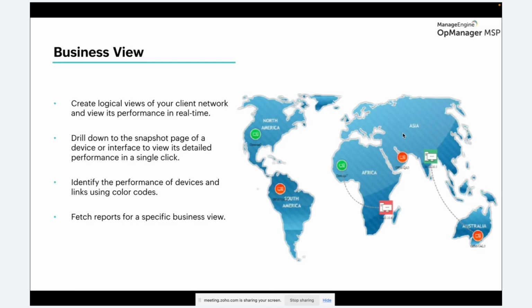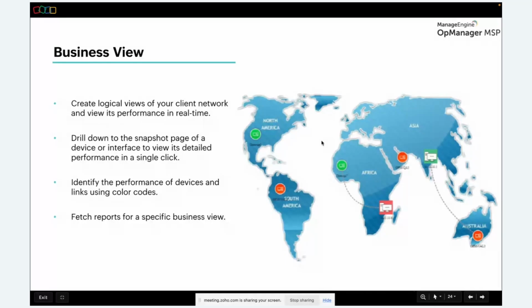You can easily identify the devices that are down, a device that is critical, and so on from a single glance. For example, if you see this image, the device over here is down and the device over here which looks green is perfectly normal. So you can identify the status of the device easily.